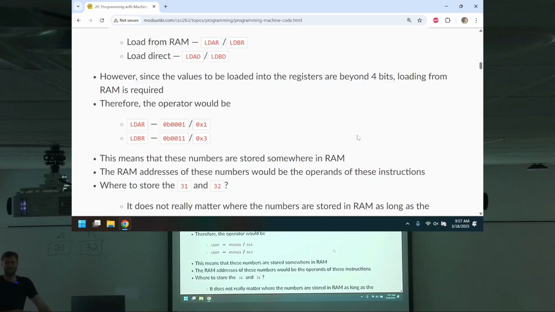Load A direct eliminates that problem in that it's one RAM address for the instruction and that's it. We don't need that secondary memory address to store the data, but again, it's constrained. So there are pros and cons. At the end of the day, this instruction actually does take two memory addresses because 31 and 32 must be stored somewhere. Is that clear? Cool.